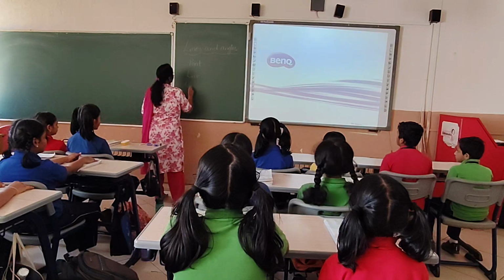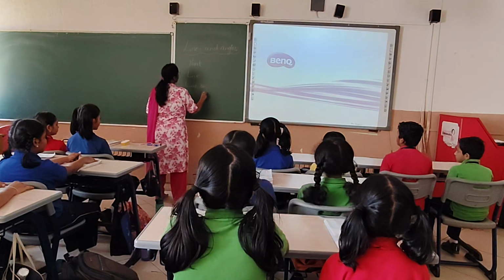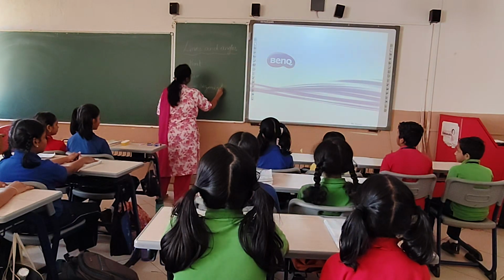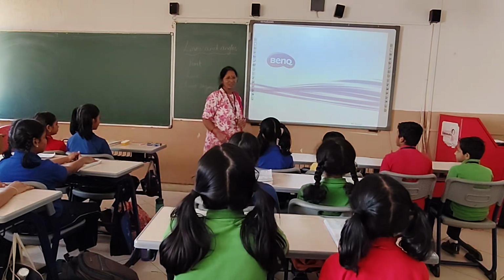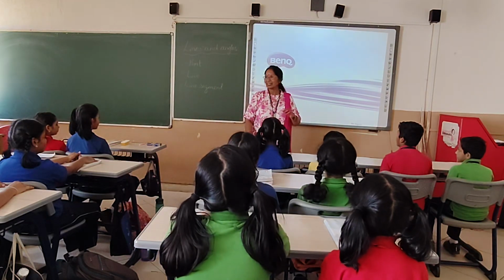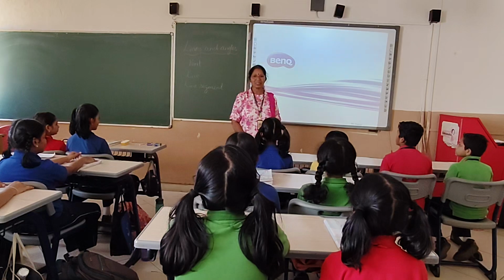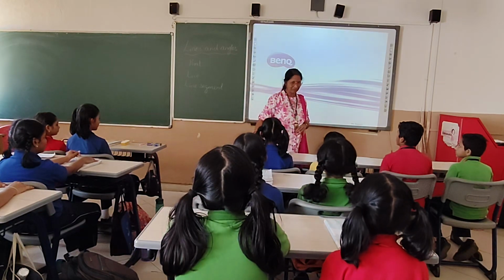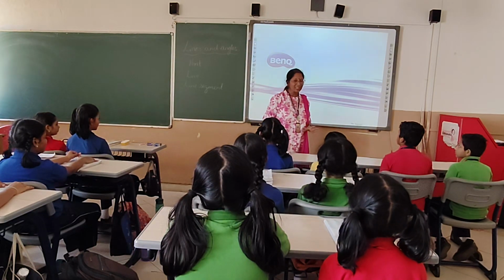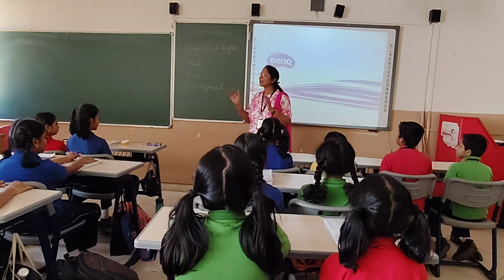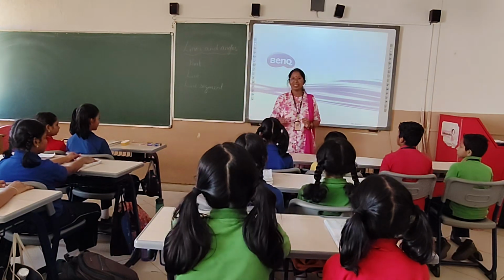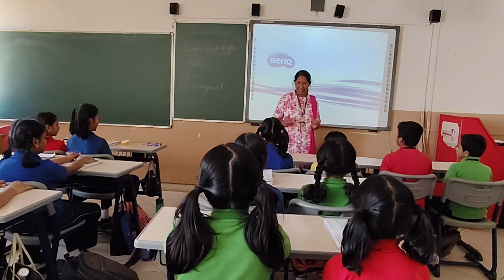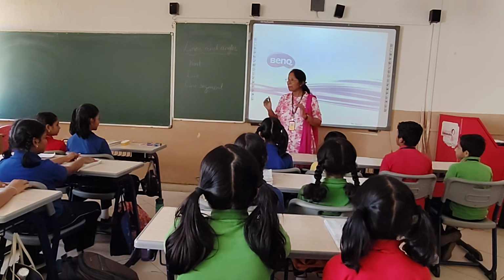Next you have line segment. Now from line, next you are going to learn line segment. What is a line segment? A line segment is nothing but a part of a line.